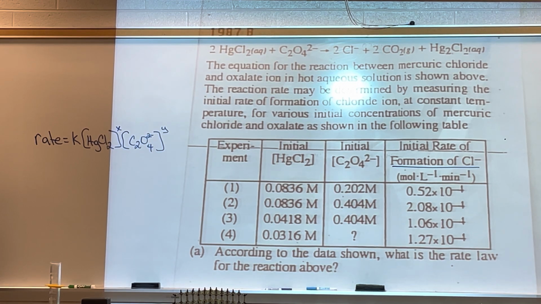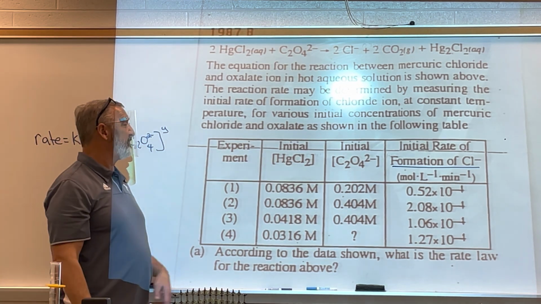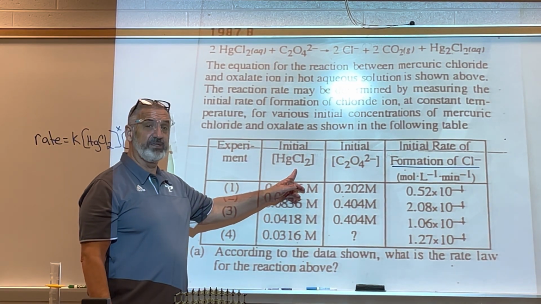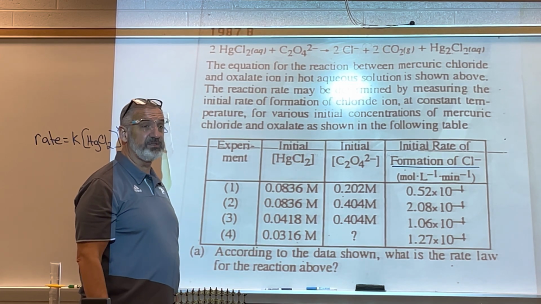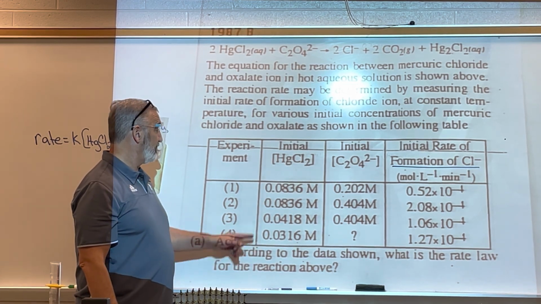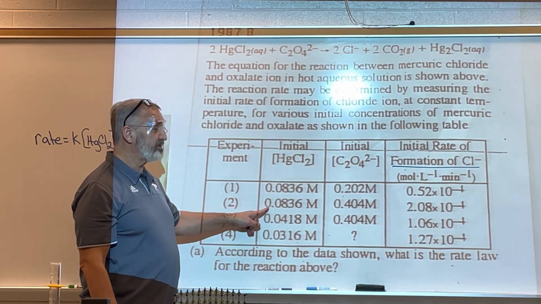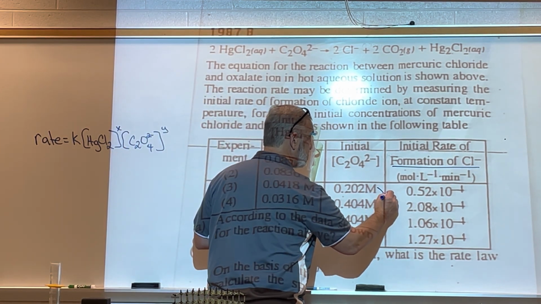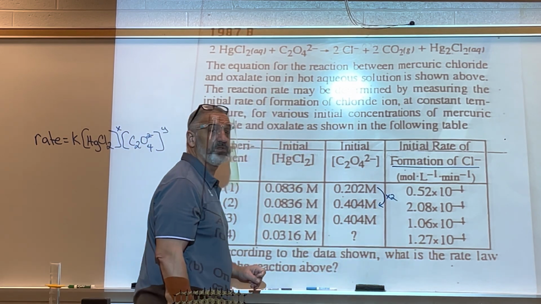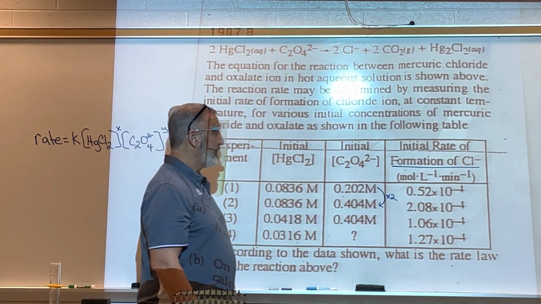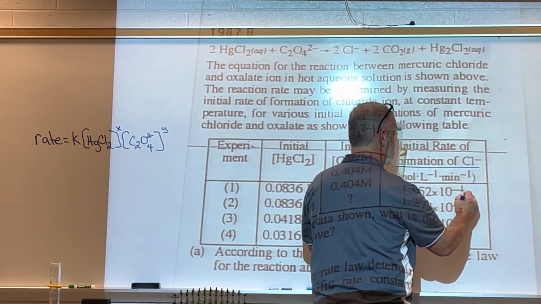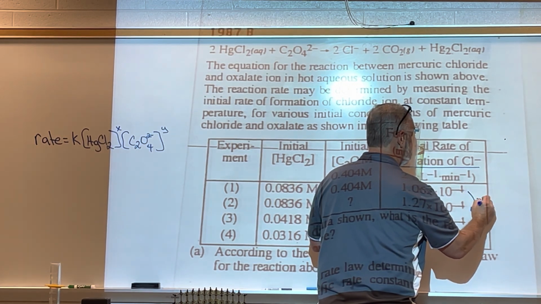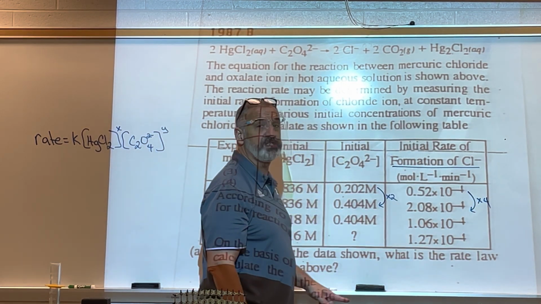It doesn't matter which one you do first, but which two experiments keep the mercuric chloride constant? 1 and 2, right? So I can look at 1 and 2, and this one is times 2. What is this one? This one's times 4, 0.5 goes to 2.